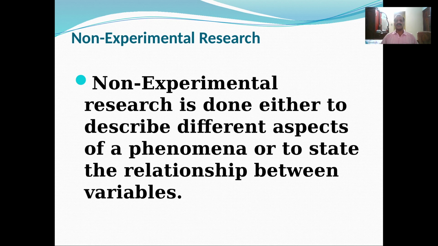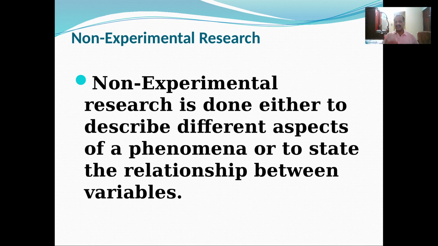Non-experimental research is done either to describe different aspects of a phenomenon or to state the relationship between variables. Sometimes it's only for a descriptive purpose. For example, we just want to describe, just like a poet describing a flower that fell on the ground, or describing a river that is flowing smoothly.